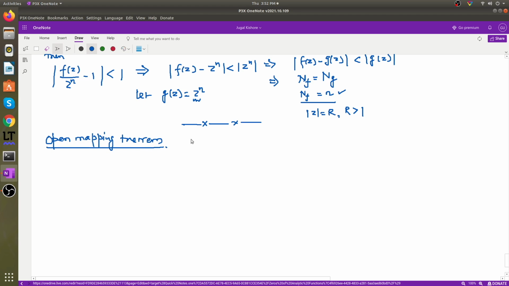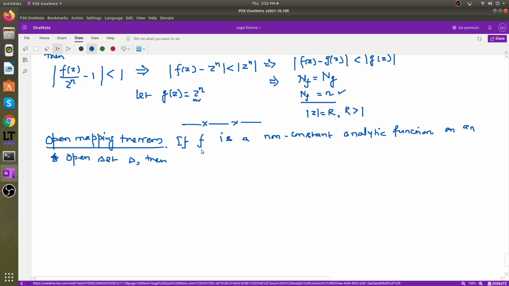So, what the open mapping theorem is saying is that if f is a non-constant analytic function on an open set D, then this f is an open mapping.